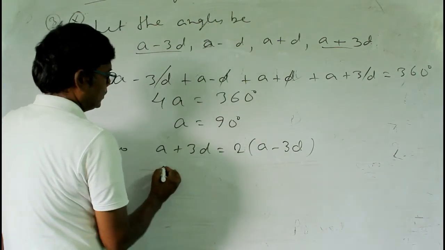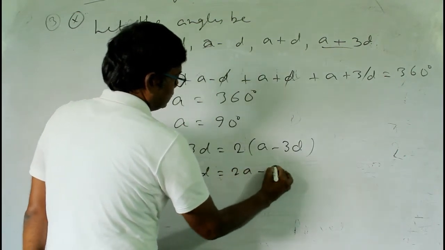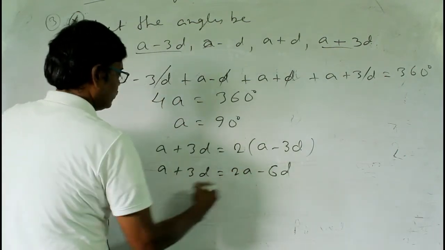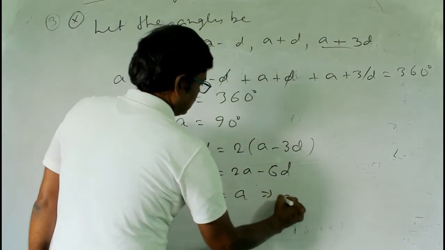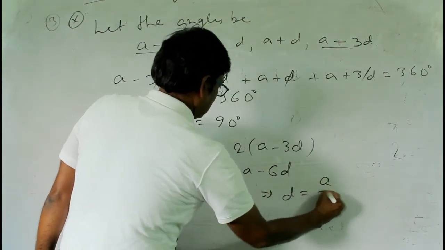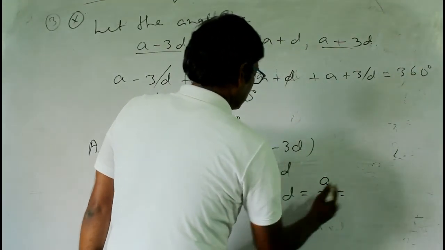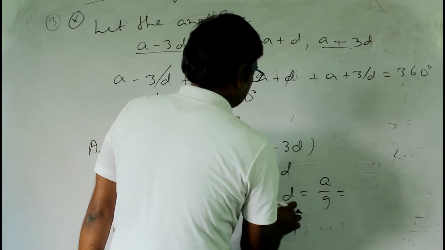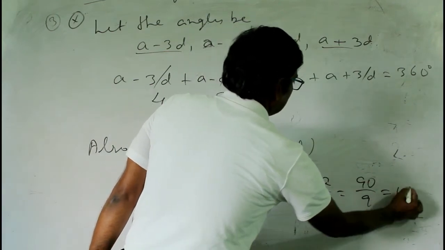So you have A plus 3D equal to 2 times A minus 3D, that is 2A minus 6D. So this will be 90 equal to 9D, then you have D equal to A by 9, that is 90 by 9 equal to 10.